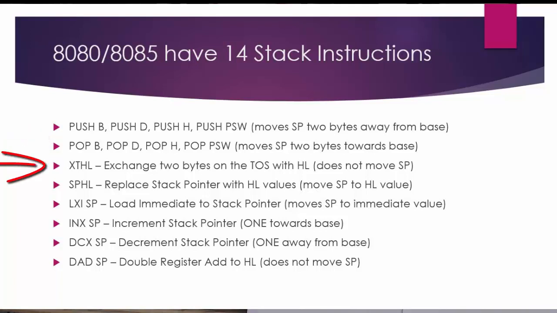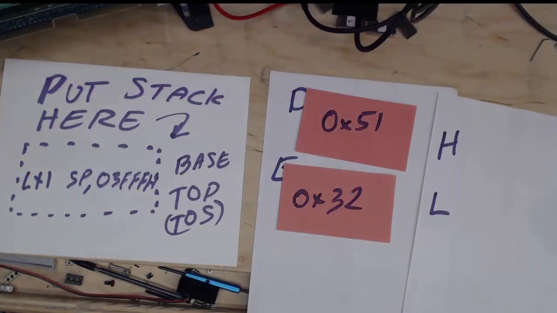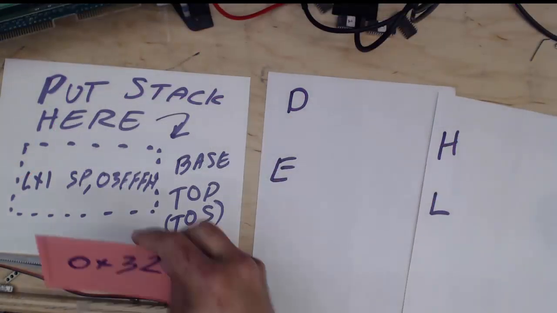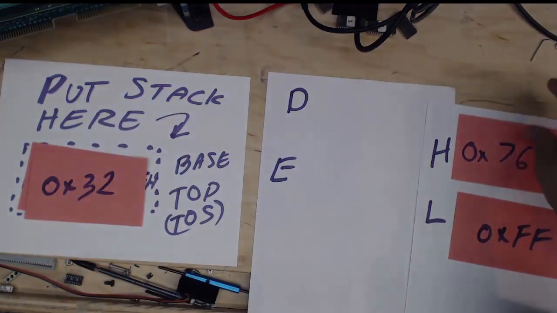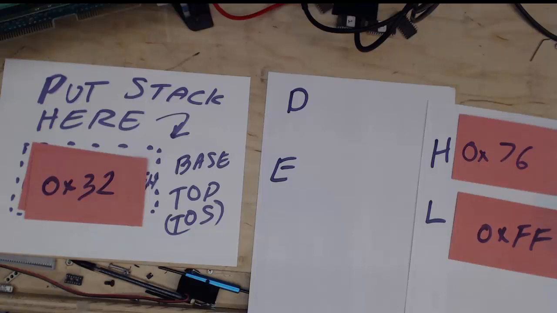We have the exchange, the XTHL instruction, that exchanges the 2 bytes on the top of the stack with the H and the L. So, for example, if we have these on the stack and these on H and L, when we do the XTHL, we're actually just swapping.